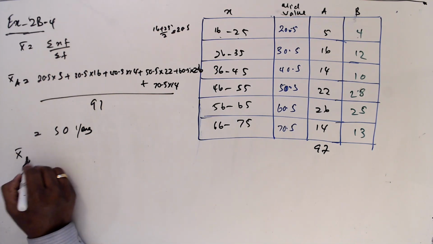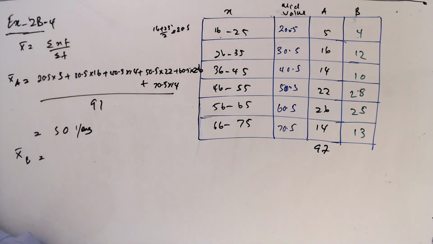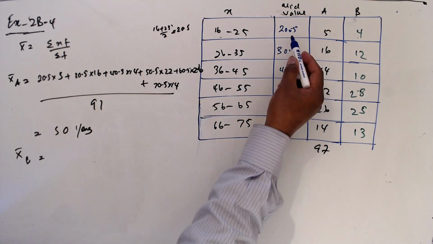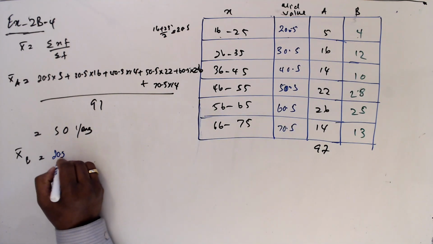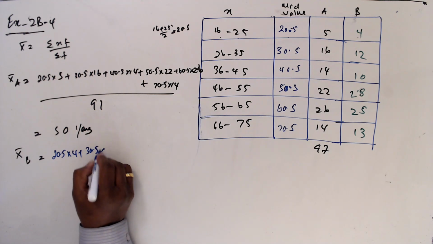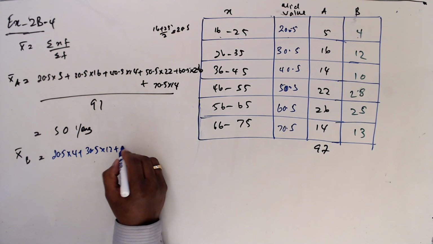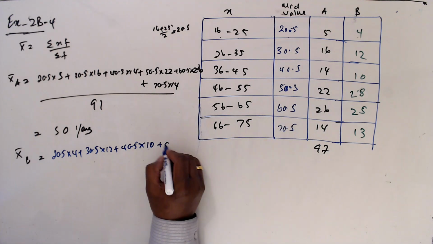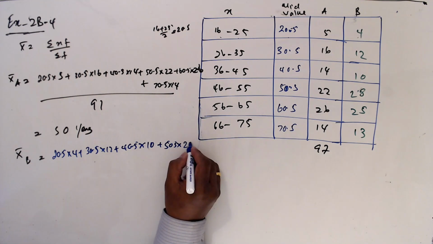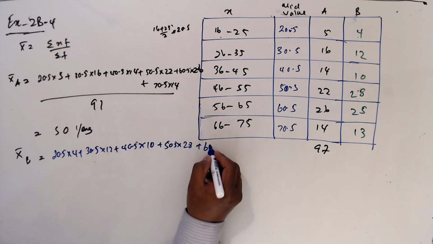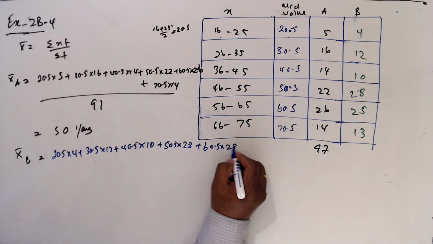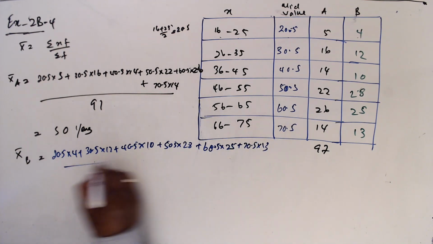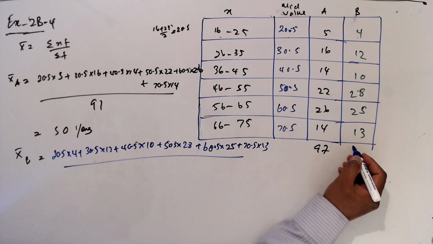years. And x bar B is 20.5 times 4, then 30.5 times 12, and 40.5 times 10, plus 50.5 times 28, plus 60.5 times 25, plus 70.5 times 13, over the total, which is going to be 92.